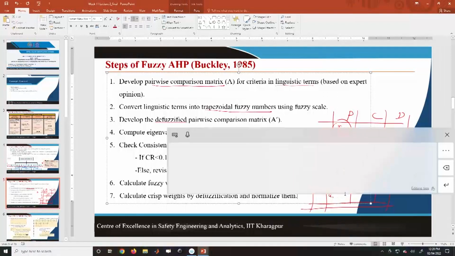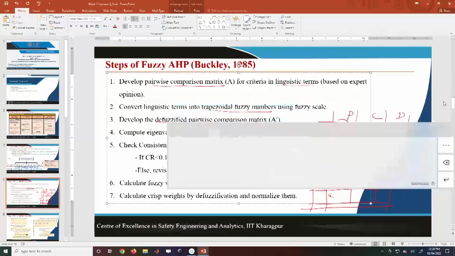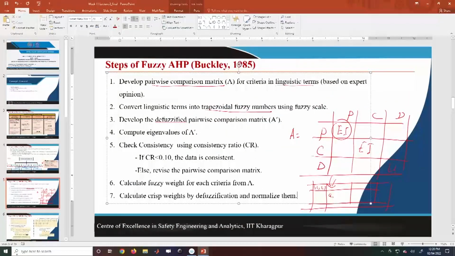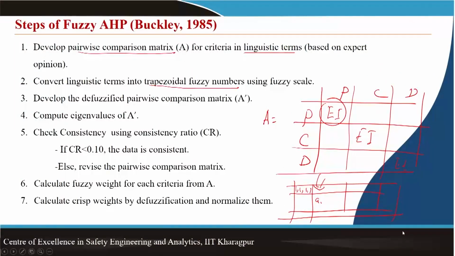So A1, A2, A3 and A4: the trapezoidal fuzzy number has these four numbers. For every cell you create four numbers. After that you defuzzify it.